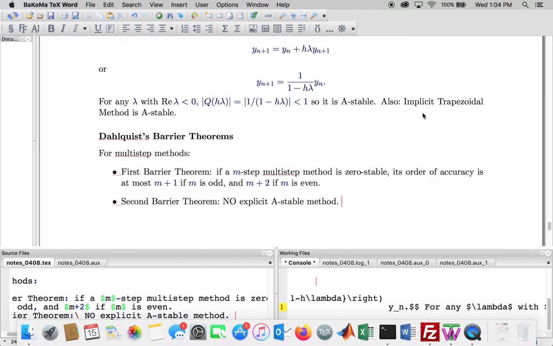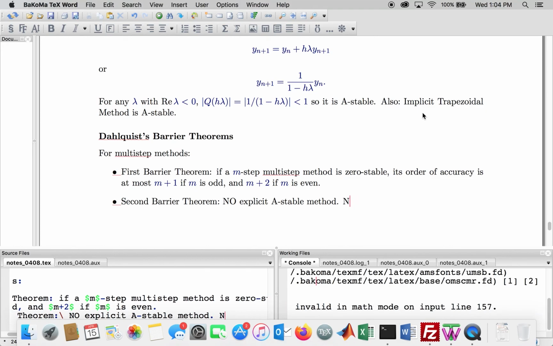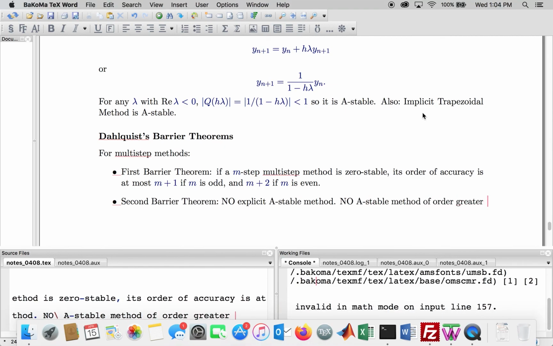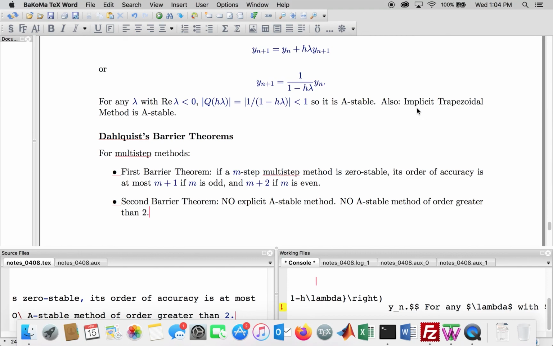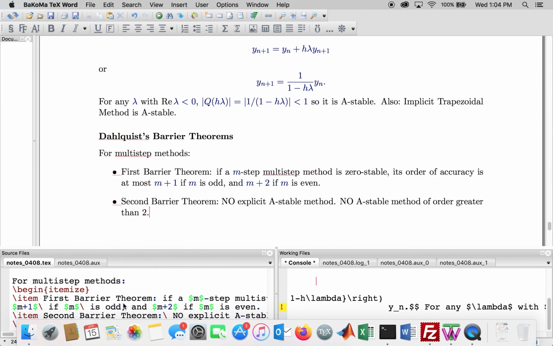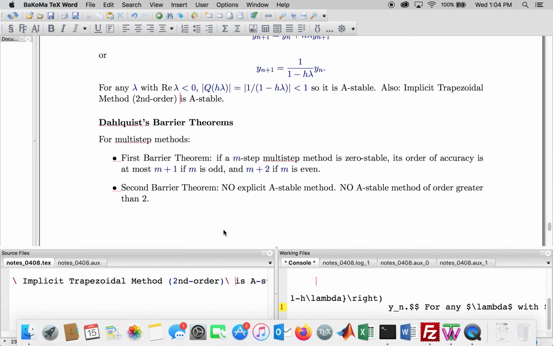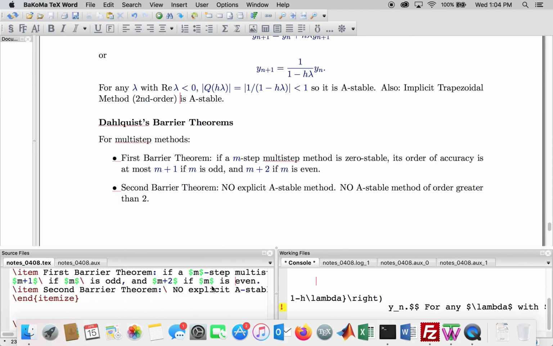Also, there is no A-stable method of order greater than 2. So the implicit trapezoidal method, which is second order, is the highest order of accuracy you can possibly get with an A-stable multi-step method.